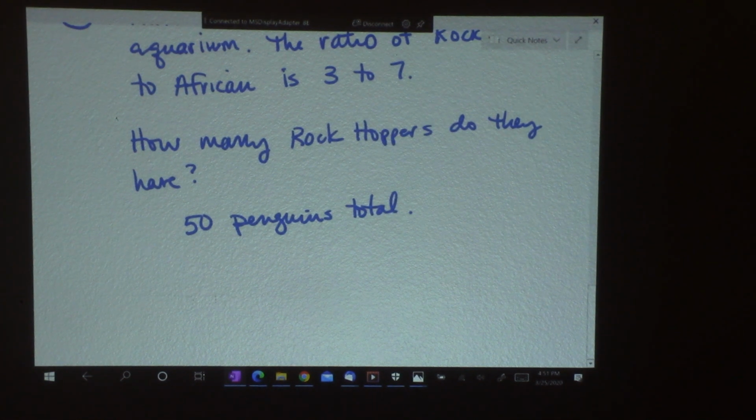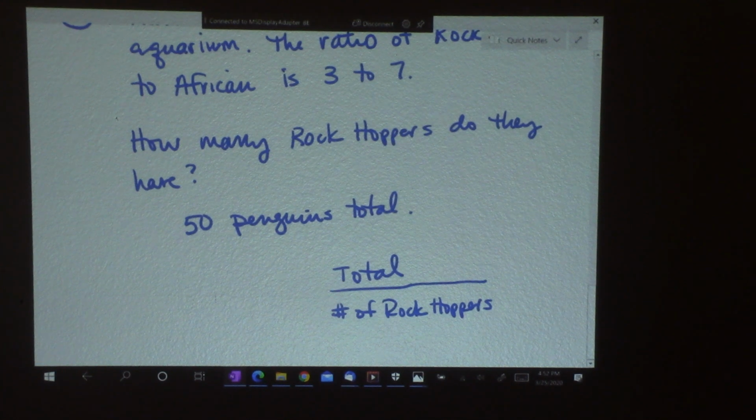So I have totals over the number of rock hoppers. Okay? So I have 50 over x for one of my fractions. So 50 is the total number of penguins. And I don't know the total number of rock hoppers.